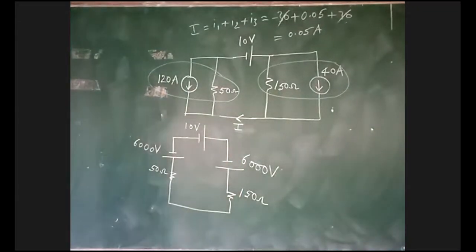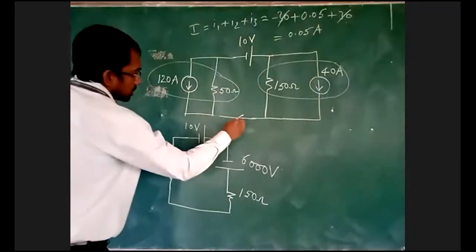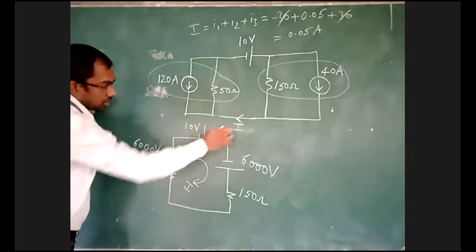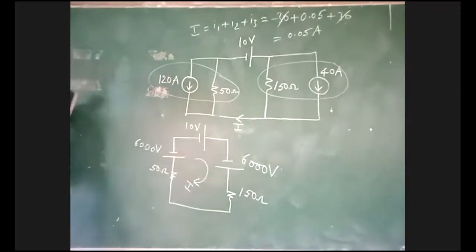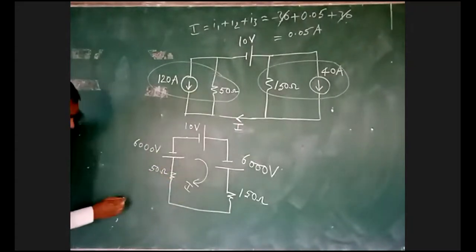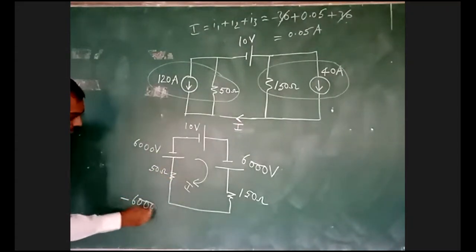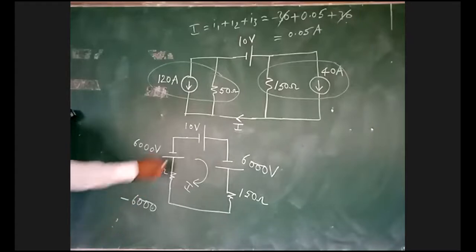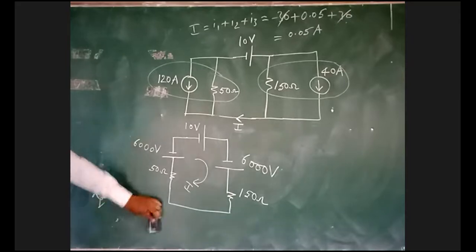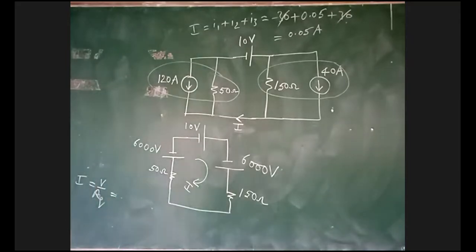So this network is simplified. Let us take the current direction as in the problem. I is equal to V by R equivalent.